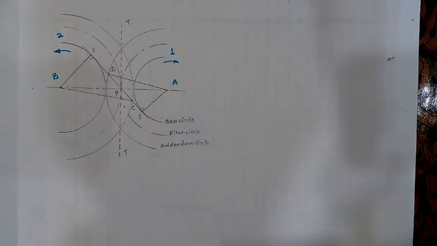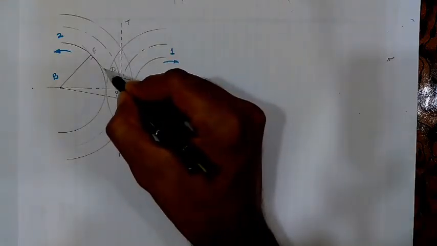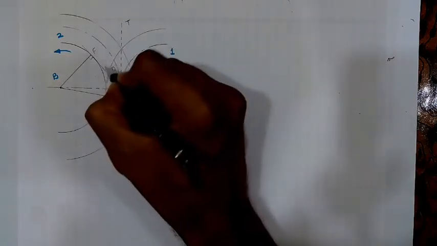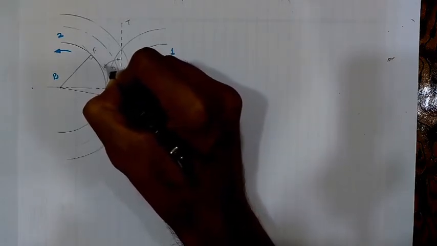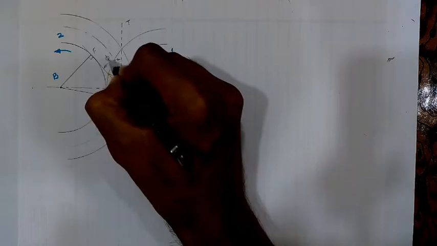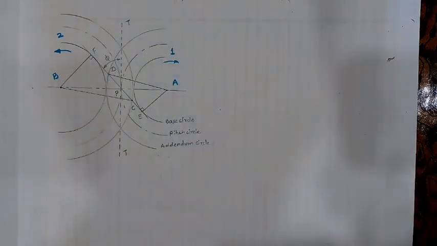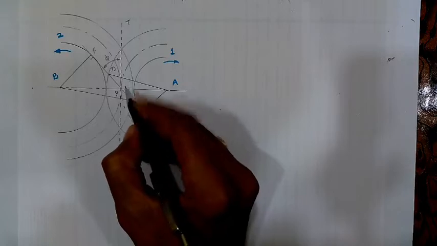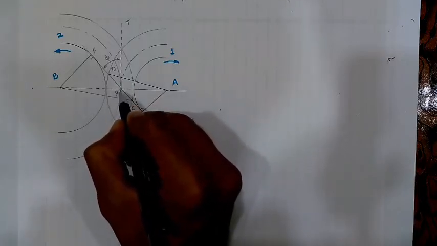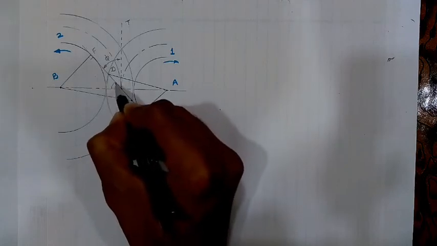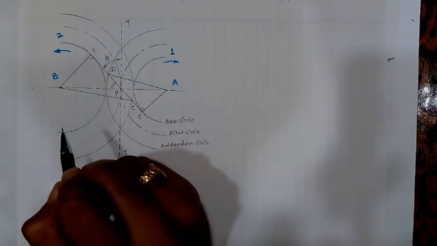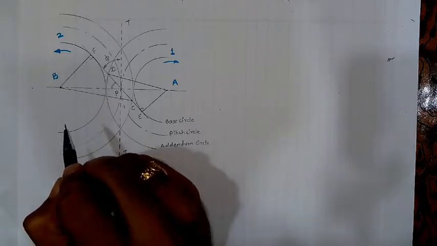Now the angle between the line EF and TT, you all know, is phi, which is the pressure angle. So this angle is phi. The angle between the EF line and the line of centers will be 90 minus phi.